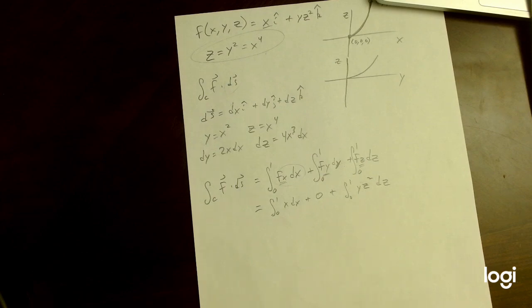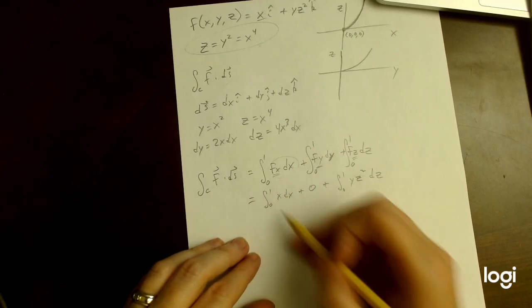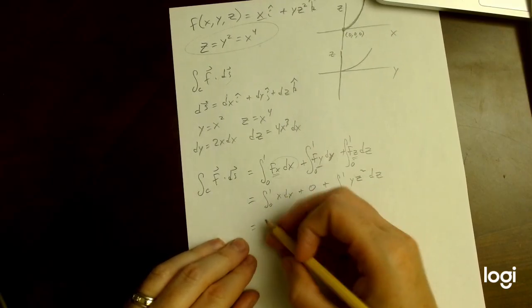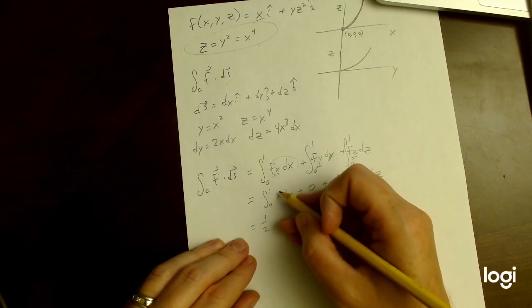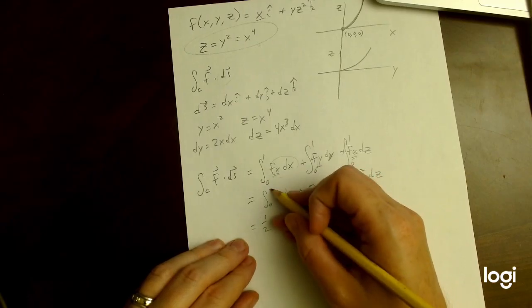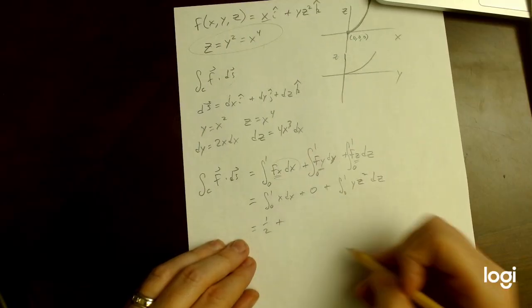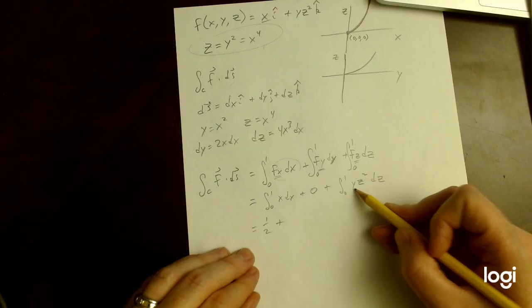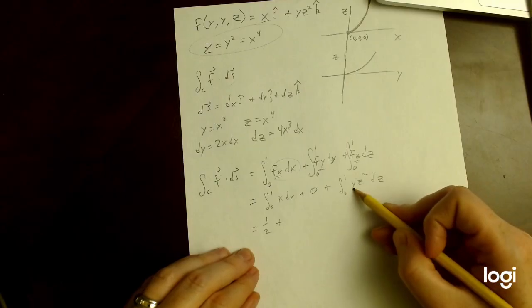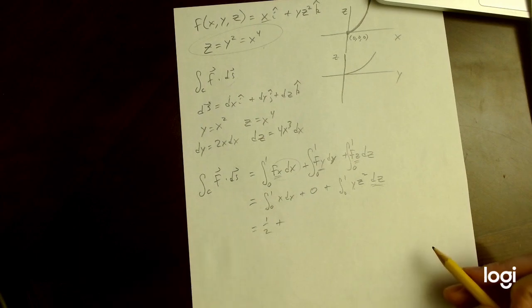Okay, so now this one is easy to do because it only depends on x, and we've got x limits, so we can just evaluate that, and it will be 1/2 x squared evaluated from 0 to 1, which is just 1/2. We've already handled the 0 here, so then we have to figure out this one. And this is a little bit tricky because we've got a y z squared, but only in terms of integrating in the z direction.